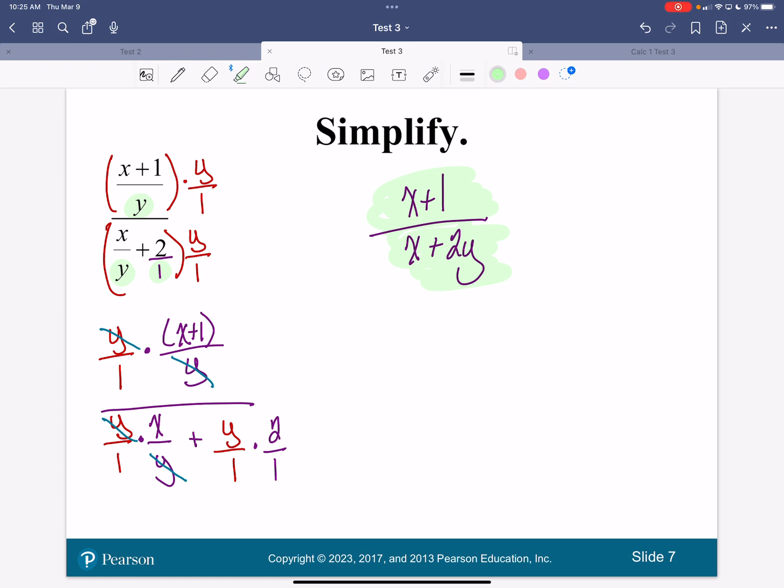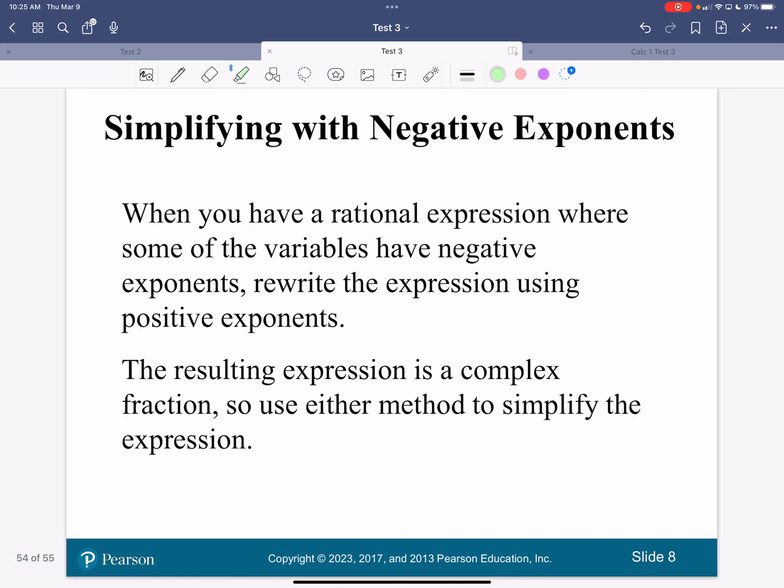Can I go to the next one? Okay. Now what we're going to focus on is negative exponents. So we're going to have rationals where we have negative exponents. One of the things we have to do is remember what a negative exponent means. So if I have x to the negative 3, what does x to the negative 3 mean?